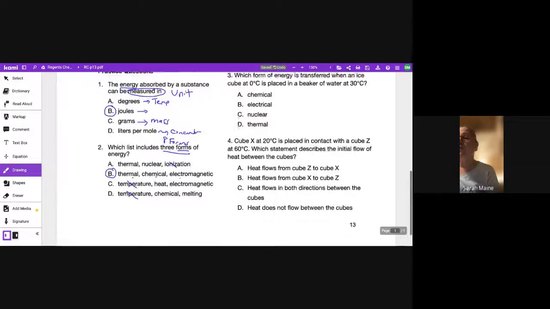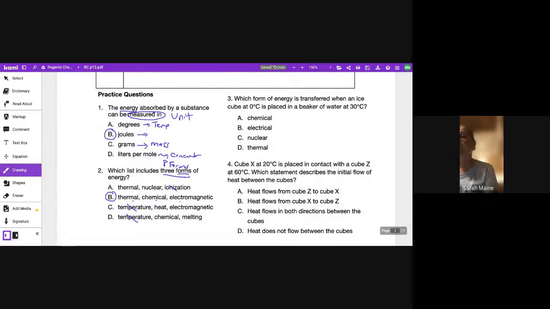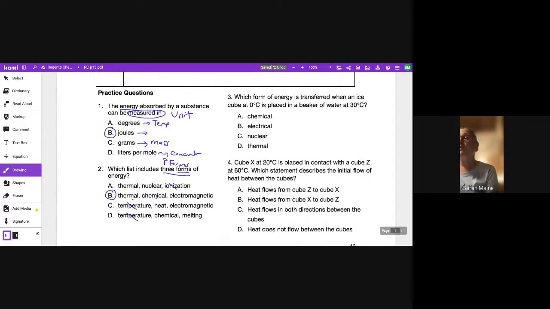Okay, moving to question 3. Which form of energy is transferred when an ice cube at 0 degrees Celsius is placed in a beaker of water at 30 degrees Celsius? So I see that one sample is at 0 degrees Celsius and another one is 30 degrees Celsius.